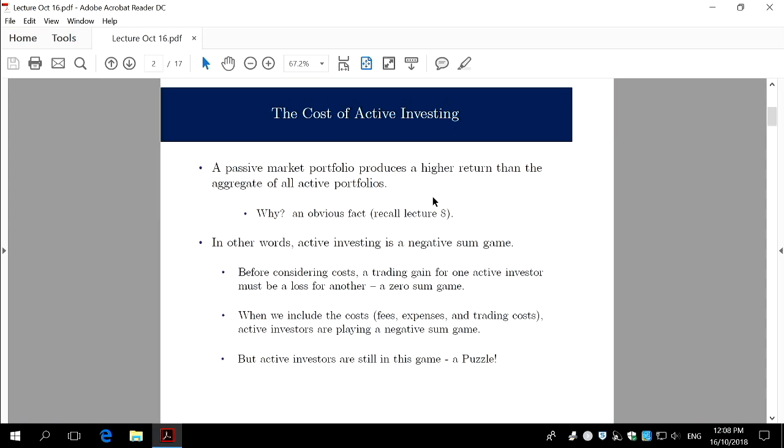So the starting point is a question or a puzzle. We have already learned about a passive market portfolio, like an index fund, S&P 500 fund, and so on. A market index fund produces a higher return than the aggregate of all active portfolios, right?